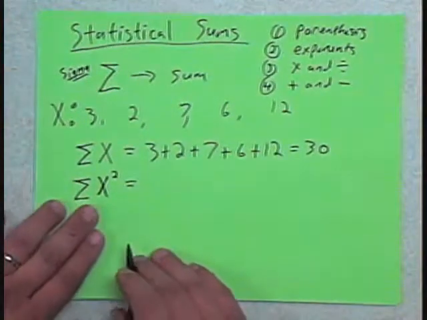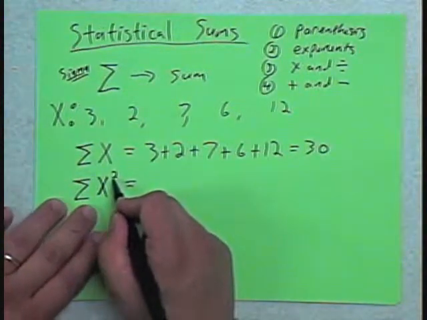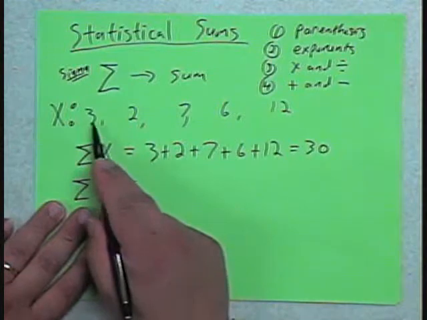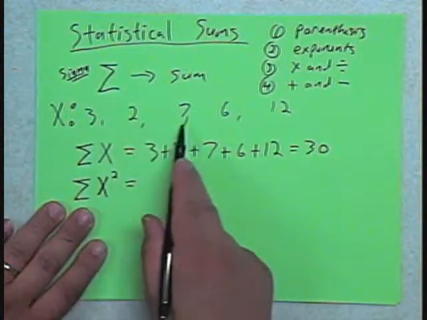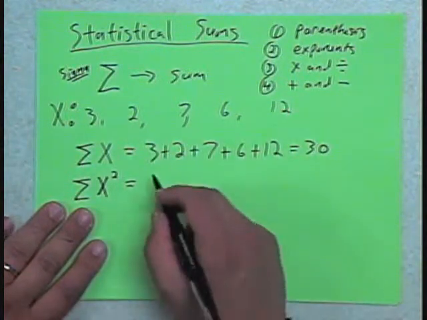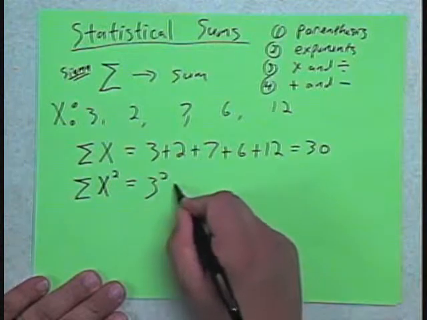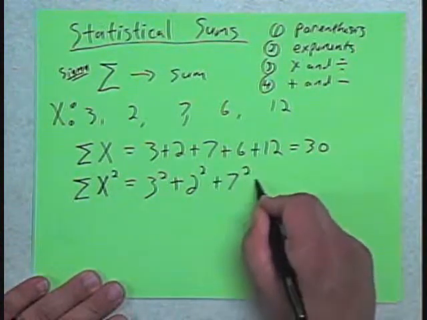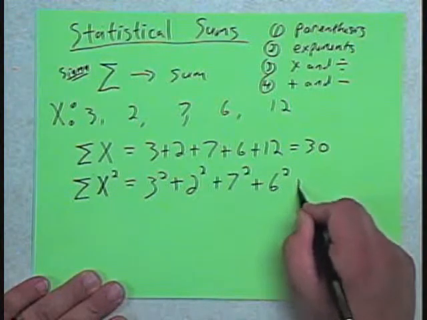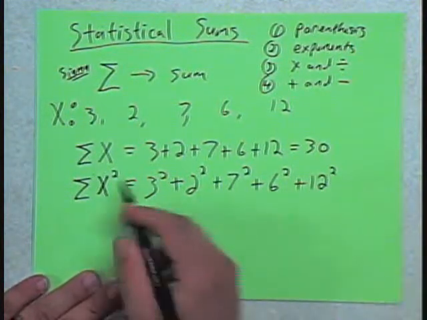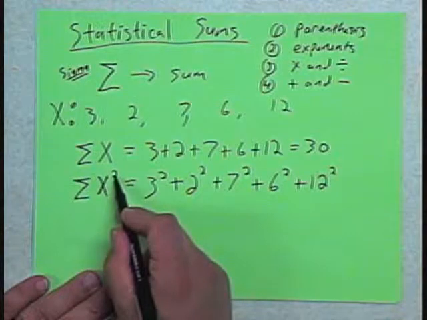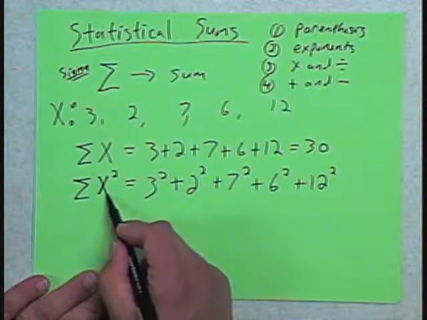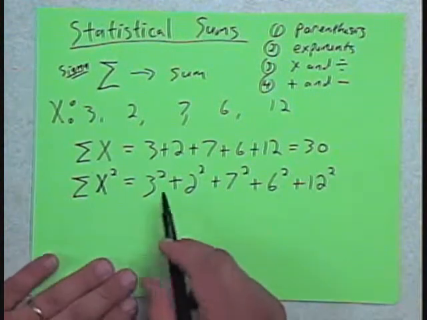So what this means here is you're going to square each number in the data set first, and then you're going to add them together. So it would look like this. Do this operation: square each value in X, and then add it together.